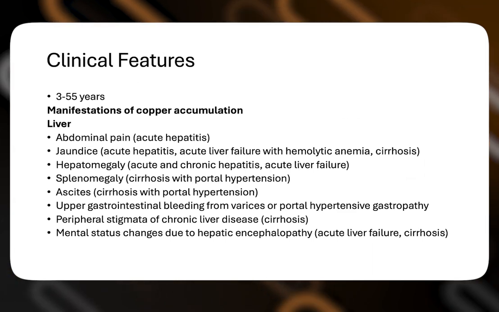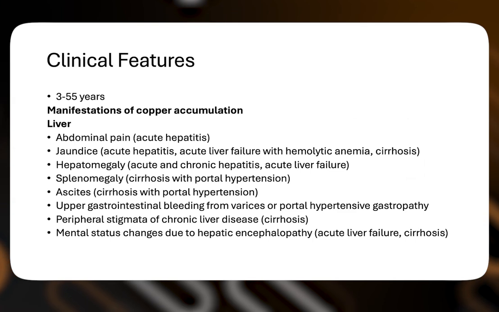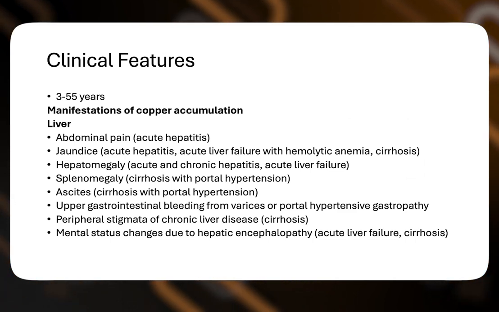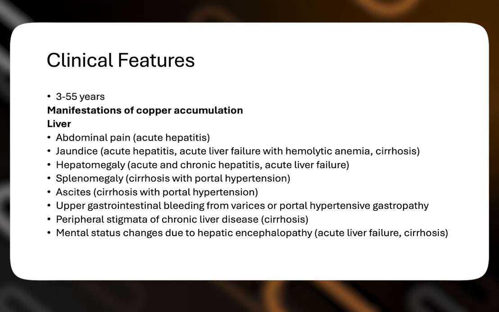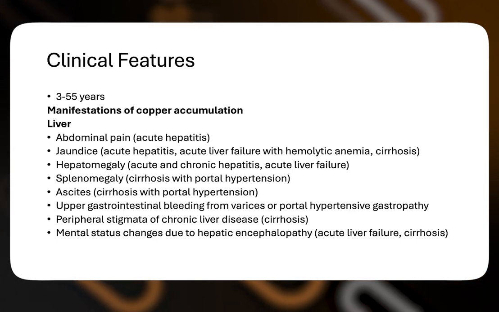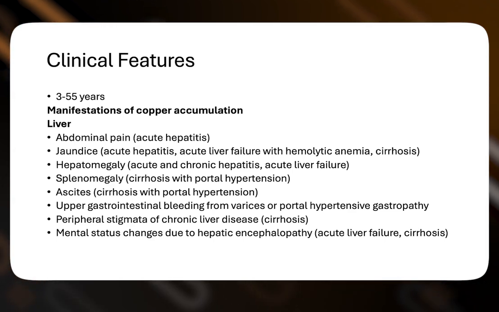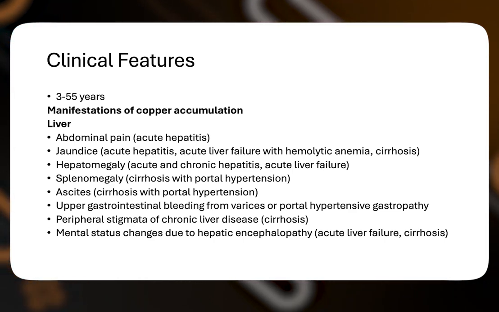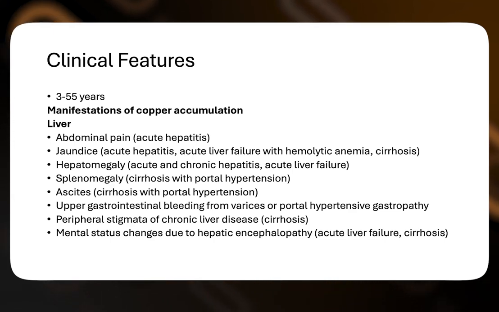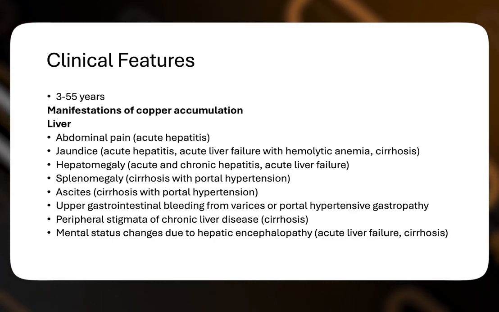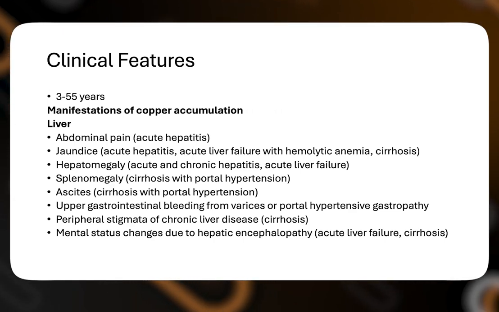I hope you understand the pathophysiology. Any question here? If you want to ask, you can, guys. Okay, so we'll look at the clinical features. Age of presentation is generally unlikely below 3 years, but from above 3 years to the fourth or fifth decade of life, Wilson's can present. The manifestations are of copper accumulation in different organs, like the liver.